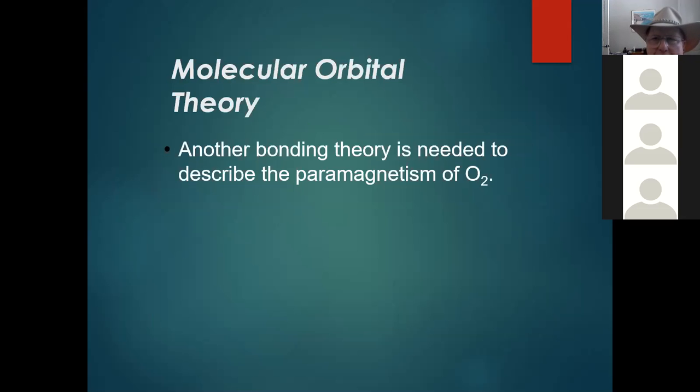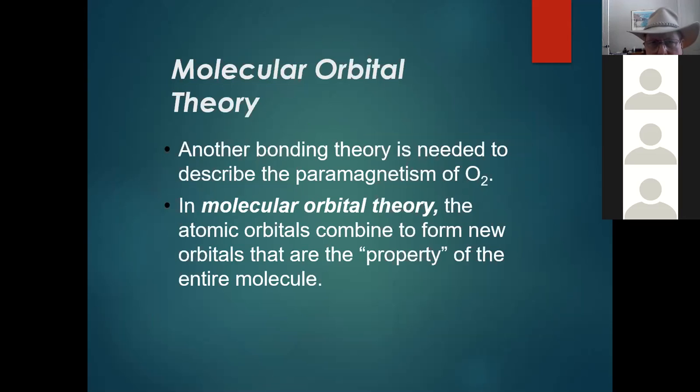So we need to figure out another bonding theory. What we're going to do is create molecular orbitals rather than hybrid or atomic orbitals. In the molecular orbitals, you have to understand that the orbitals are the property of the entire molecule.